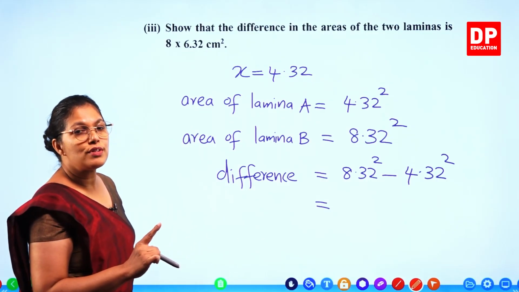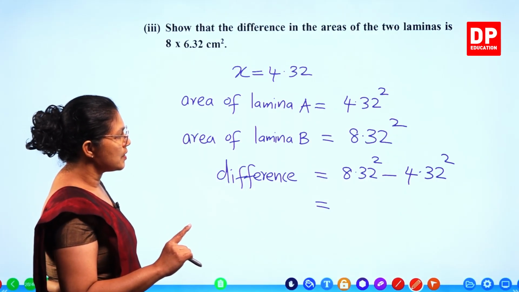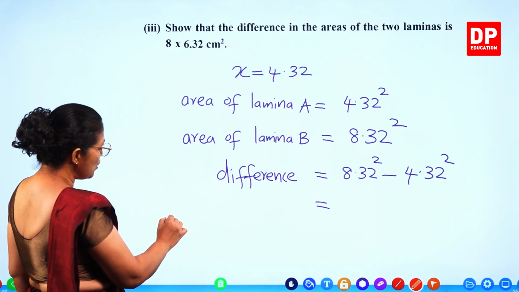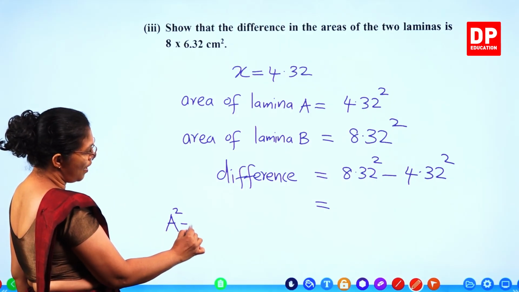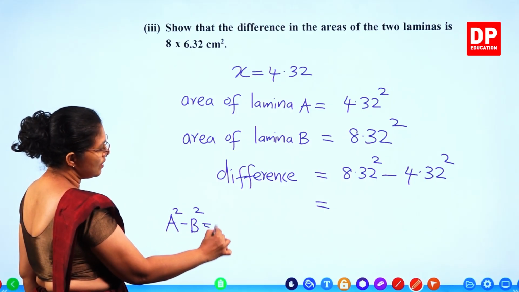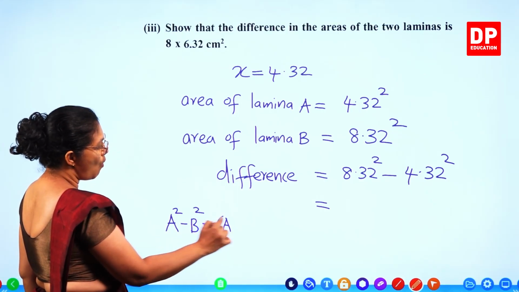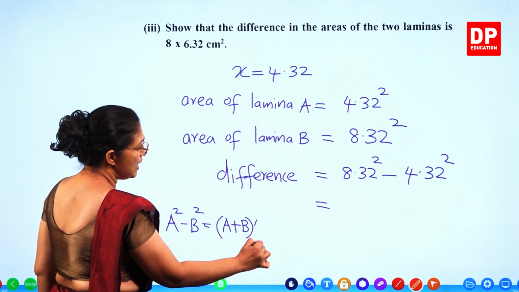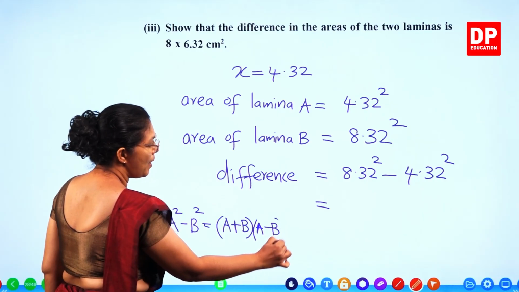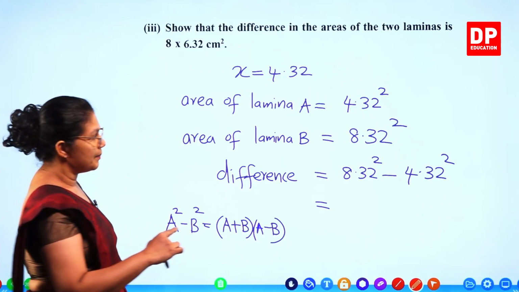You can easily use the difference between 2 squared terms. Can you remember the difference between 2 squared terms? If it's a squared minus b squared, you can straight away write down one factor as a plus b and the other factor as a minus b. So we'll use that.